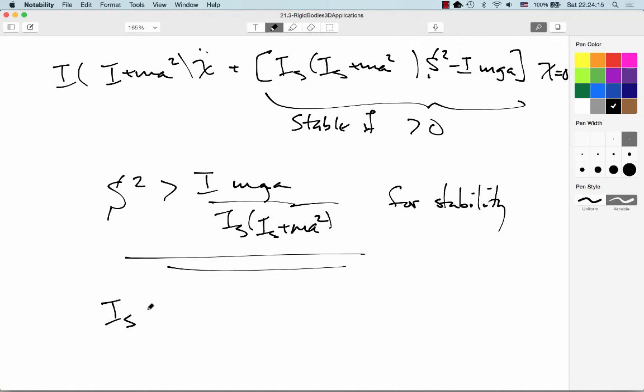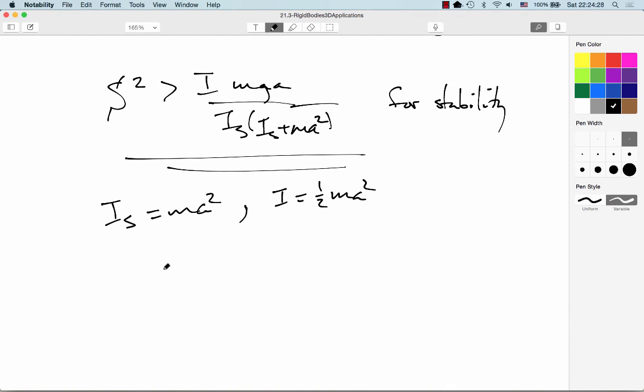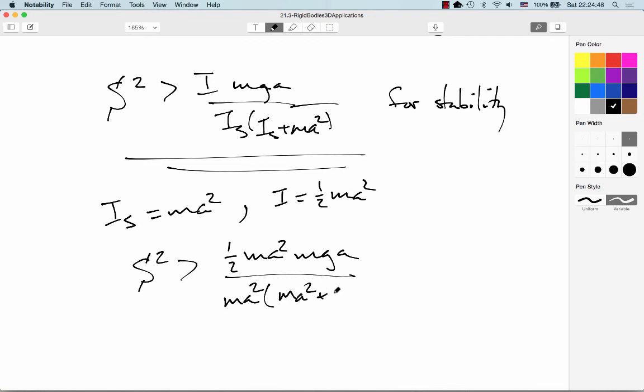You get that I_s would be ma squared, and I, the moment about a diameter, would be 1/2 ma squared. So if we put into our stability criterion, we get that s squared has to be greater than 1/2 ma squared times mga over I, where I_s is ma squared times ma squared plus ma squared.